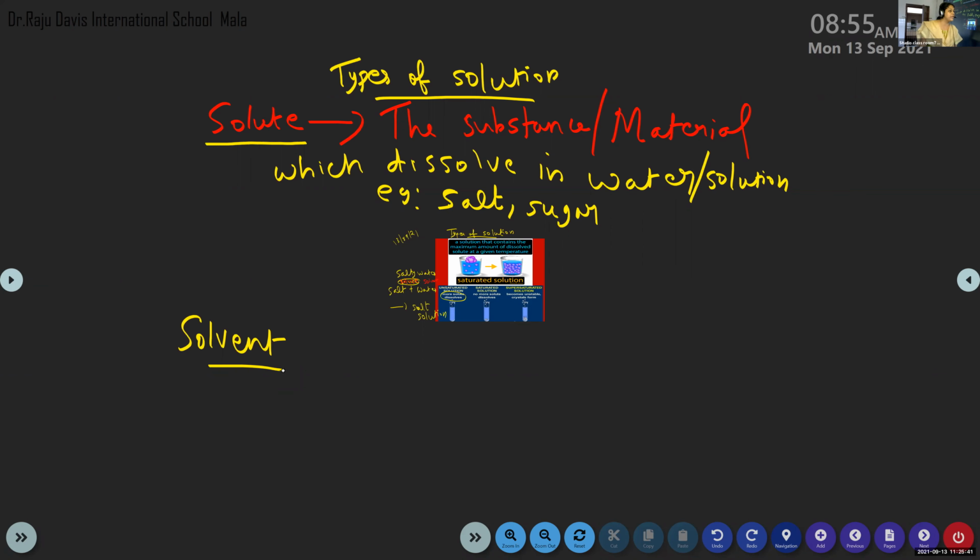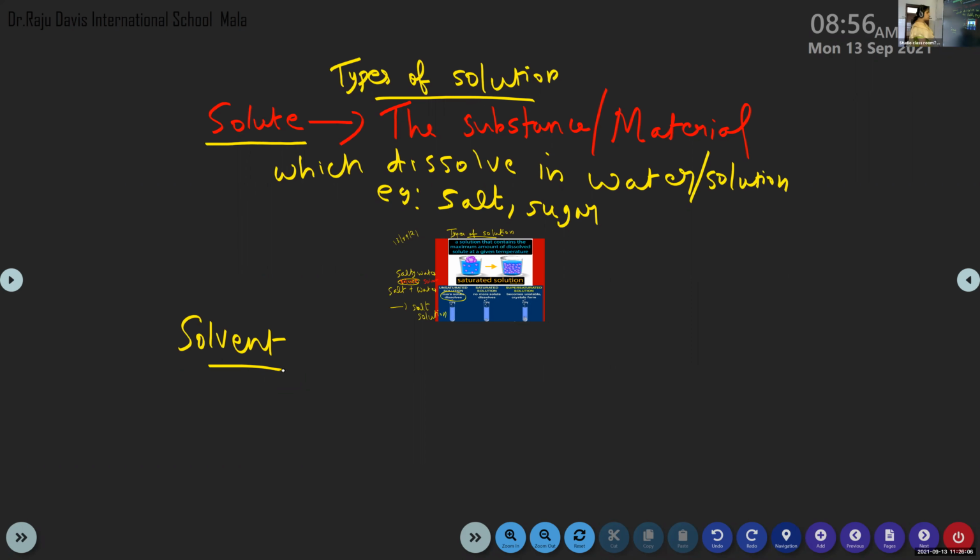It is undergoing chemical reaction. We will be learning that in the next chapter, the sixth chapter, Changes Around Us. Then you will understand the difference between separation and that, and the difference between this and the material which did not dissolve.